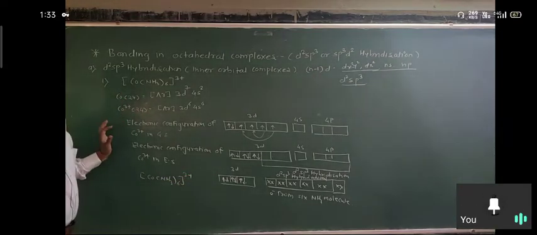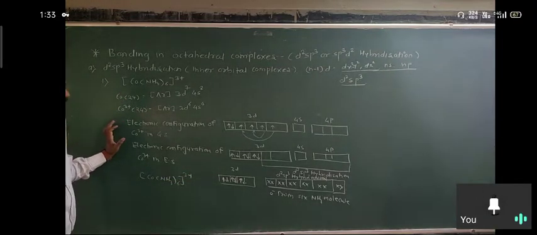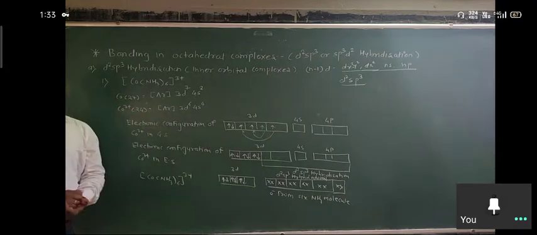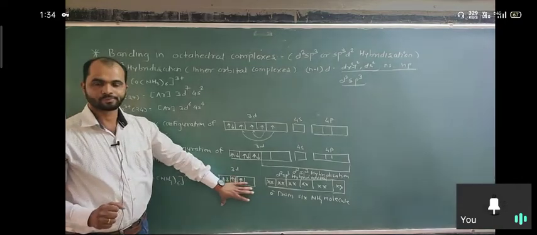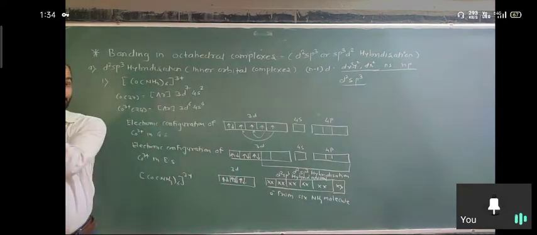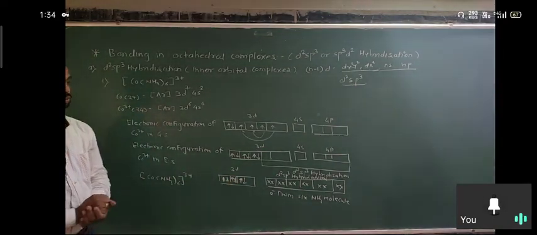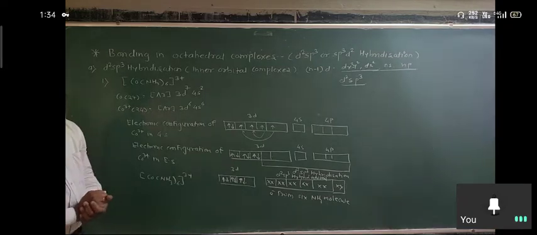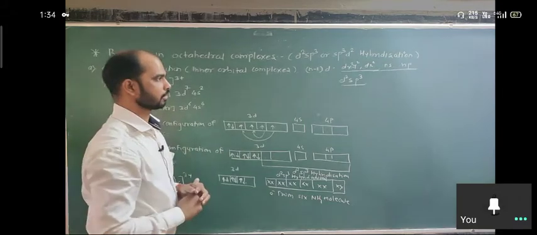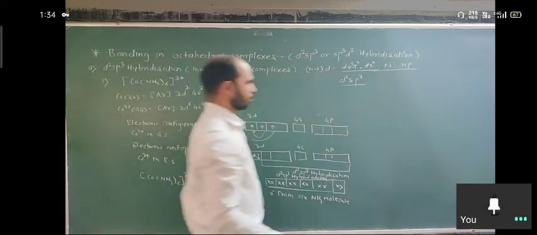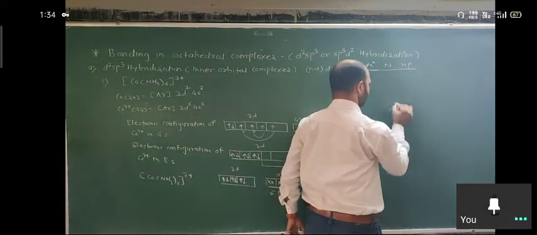So this is the hybridization or representation of [Co(NH3)6]3+. Here there is no unpaired electron, that means it is diamagnetic and the magnetic moment is 0. The complex shows d2sp3 hybridization, that means it is octahedral geometry. So we can draw the structure here.